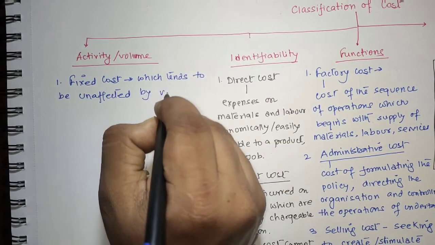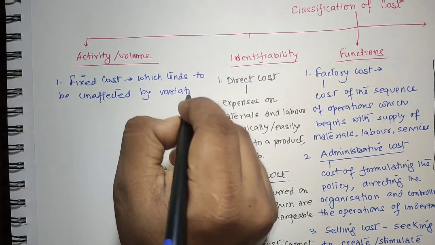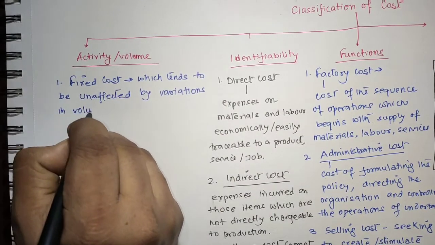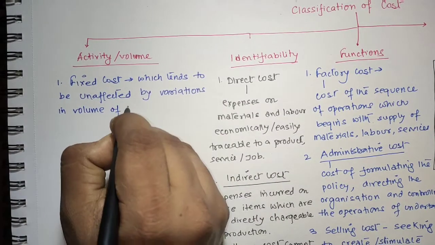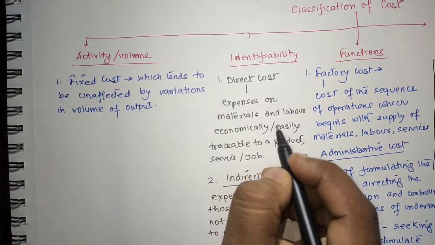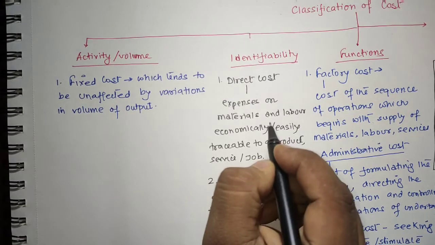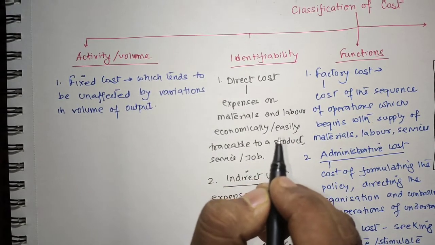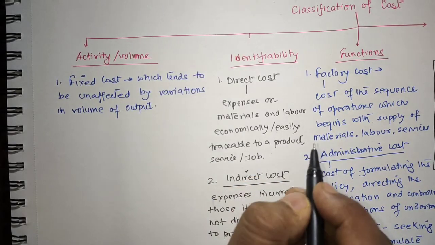Fixed costs mainly depend on passage of time and do not vary directly with the volume of output. It is also called period cost.